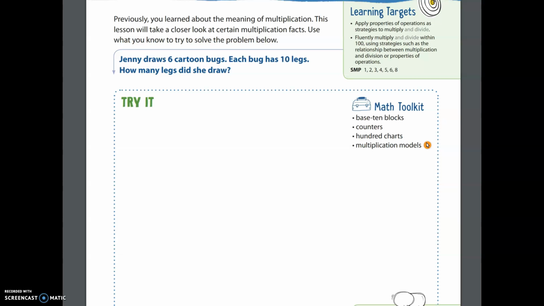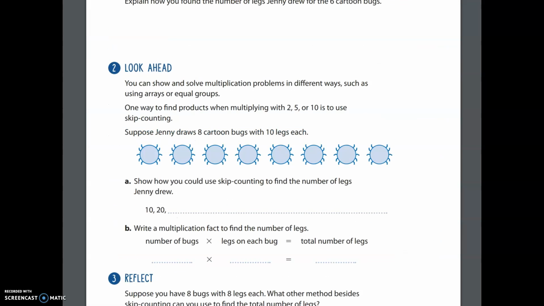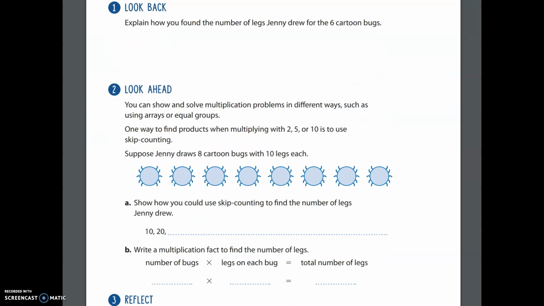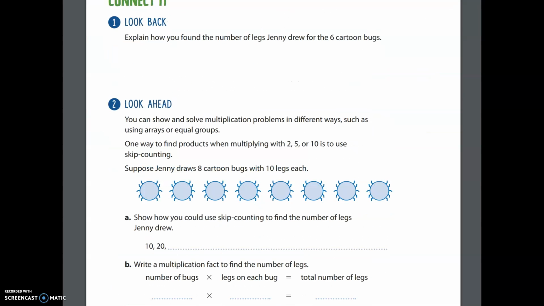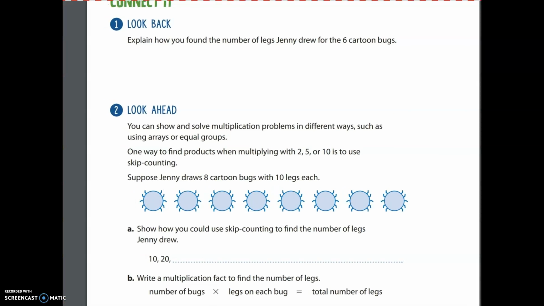Okay, let's go ahead and turn that page over and look at the next page. So our next page is page 106. So 106 says, explain how you found the number of legs Jenny drew for 6 bugs. So you just need to explain that. You could say I did repeated addition, I drew a picture.